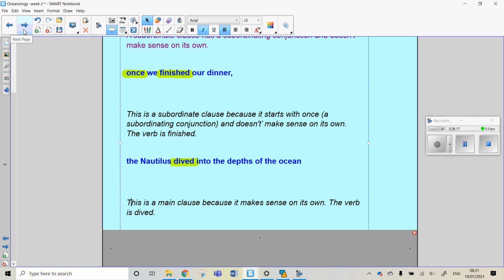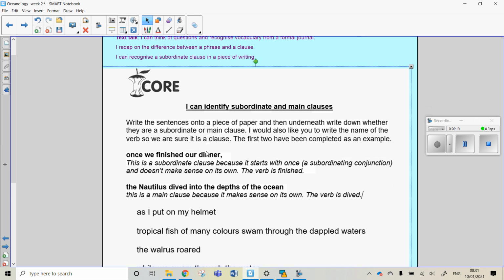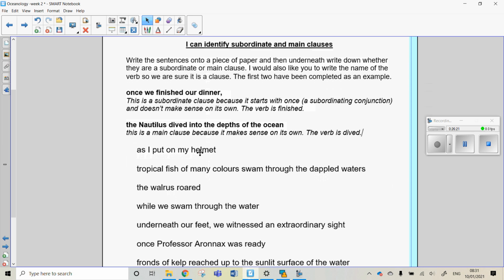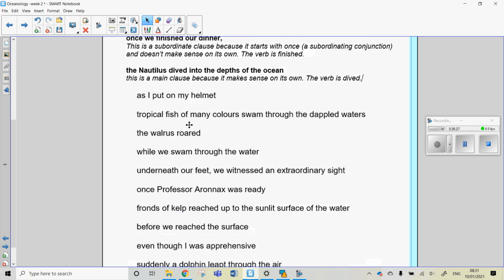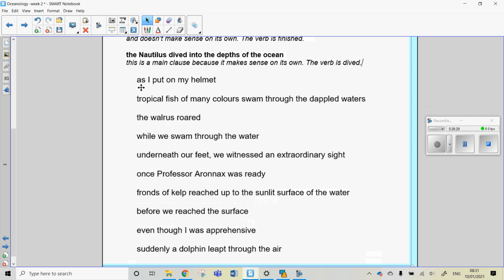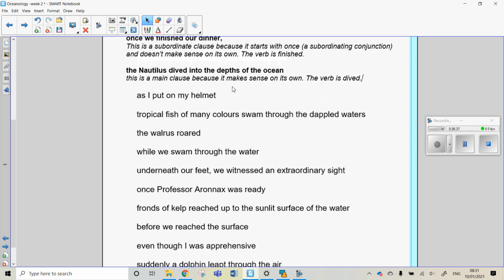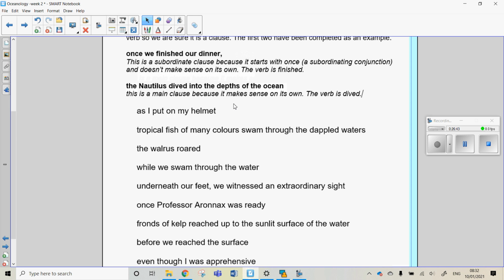And for today's task, what I'd like you to do is to identify the clauses that are here. You'll see that I've done a couple to start with. So you've got a list of 10 clauses. I would like you to write out these clauses and then underneath write down whether they are the main clause or subordinate clause and why, because either it makes sense on its own or it doesn't, and then to write down the verb.